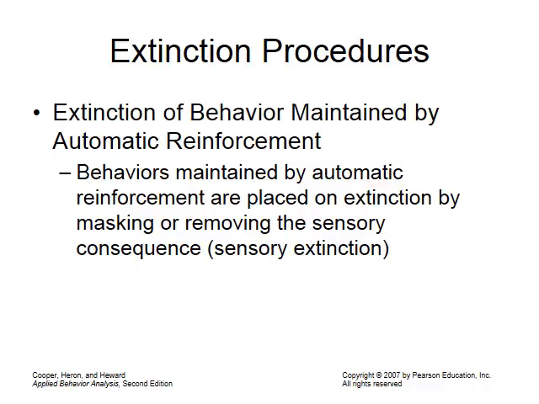And then behaviors maintained by automatic reinforcement can also be placed on extinction, and this is called sensory extinction. Typically, in order to do sensory extinction, you have to block the sensory stimulation that the person gets from engaging in the behavior, and this can be pretty difficult.